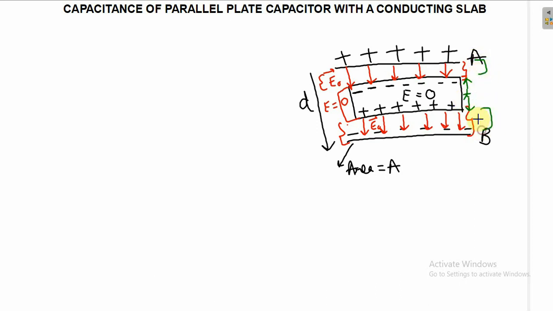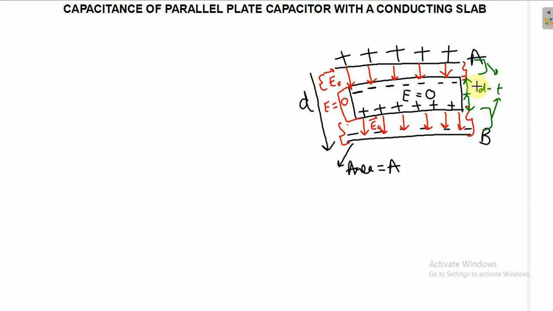So we will subtract T from D. So the thickness of this red region is D minus T.